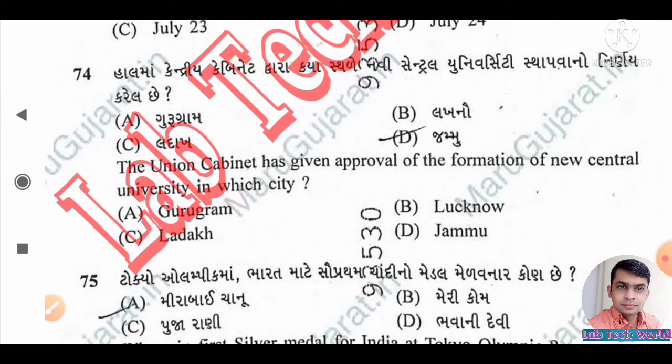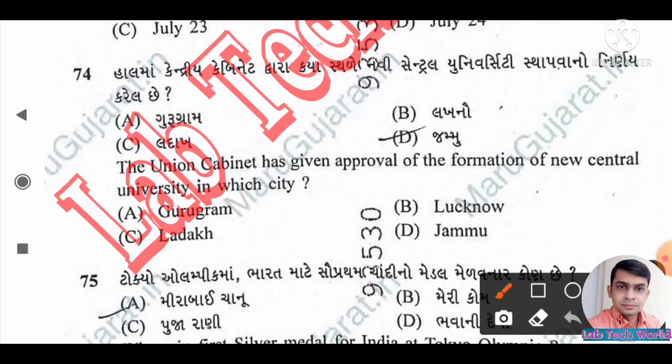The Union Cabinet has given approval for the formation of a new central university in which city? Options: A, Gurugram; B, Lucknow; C, Ladakh; D, Jammu. This is one of the questions of the current affairs type.